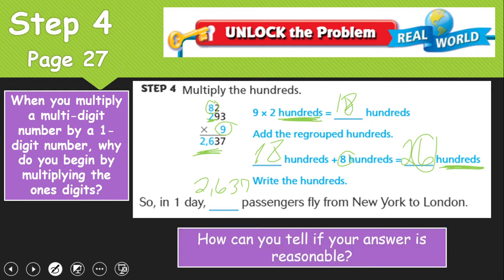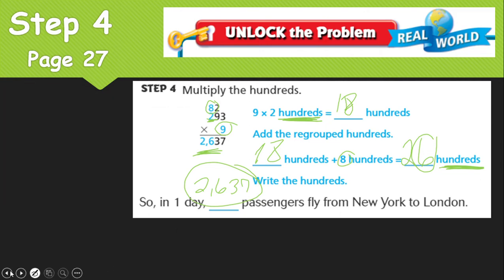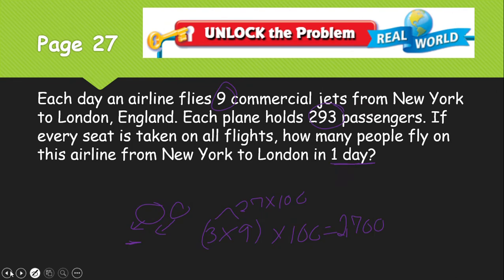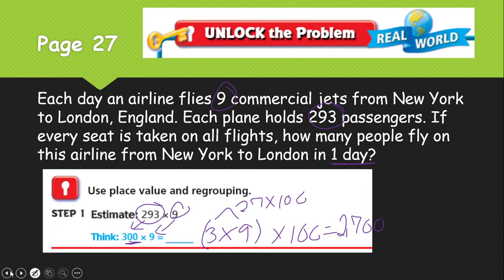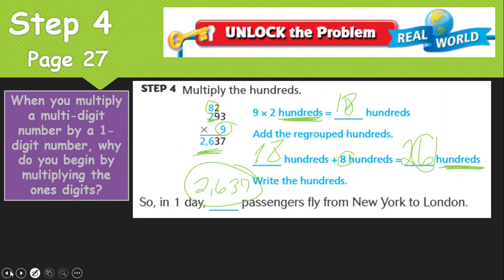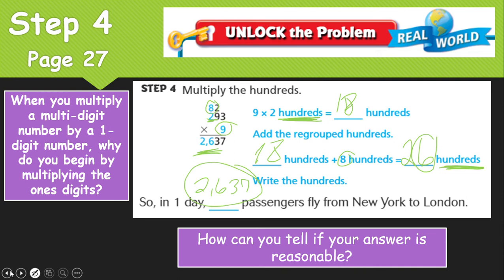How can you tell if your answer is reasonable? How do you know if this is an accurate answer? Good, you should have stated, I'm going to go back a few pages, that in your estimation, we had 2,700, and our answer is 2,637.